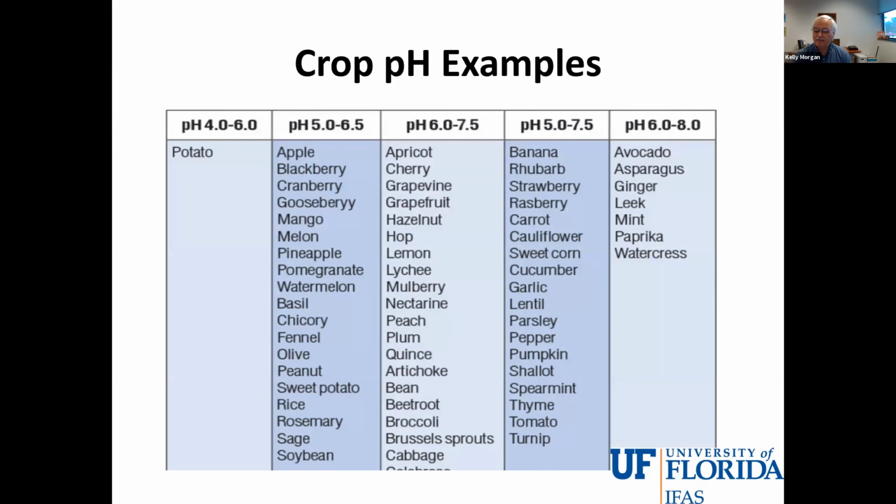I found this example of recommended soil pHs for various crops, and as I mentioned before, most of them are in that upper 5 to 7 range for the majority of crops grown throughout the country. There are a few exceptions, some that like it a little more alkaline, such as avocado and asparagus, and some that like it a little more acidic, primarily potato.